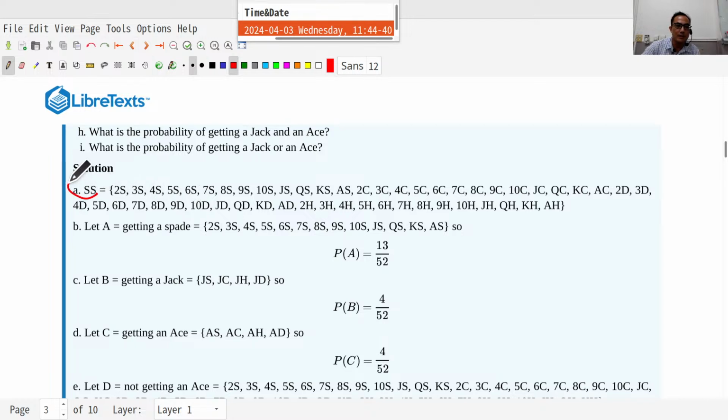The sample space has 52 cards, and let A be the event of getting a spade, and there are 13 such outcomes. The total is 52, so the answer is 13 over 52.